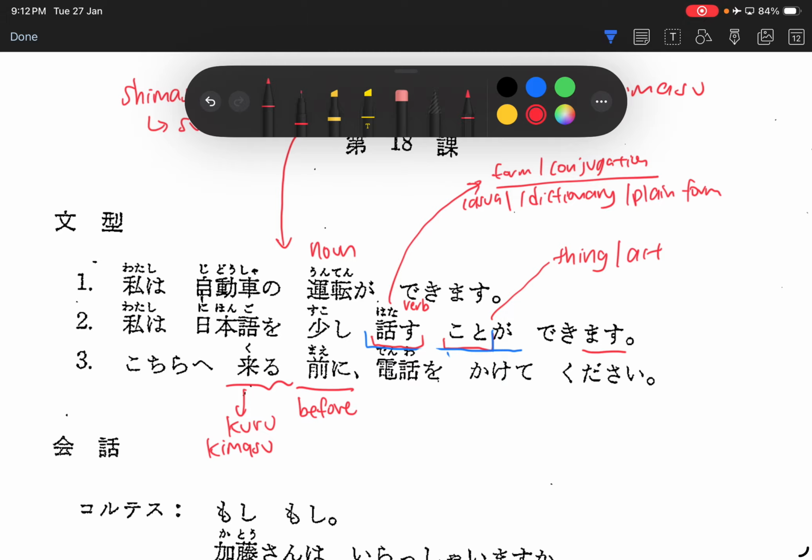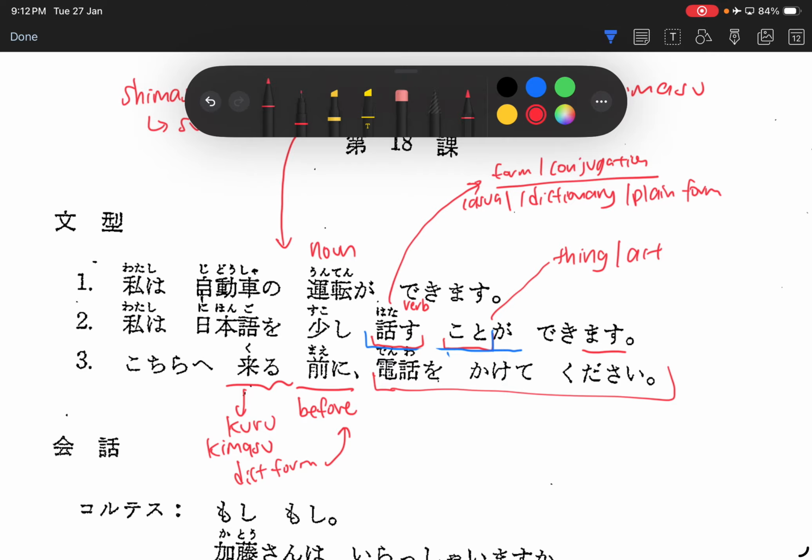Negative form he was 来ない. Now dictionary form he is 来る. 来るこちらへ来る前に, 電話をかけてください. The second half, you know, please make a call. The first half, we use dictionary form with 前に: 来る前に, 運転する前に, 遊ぶ前に.